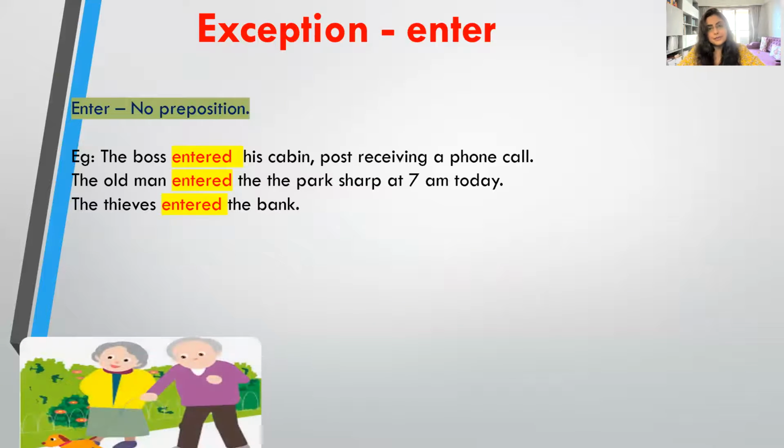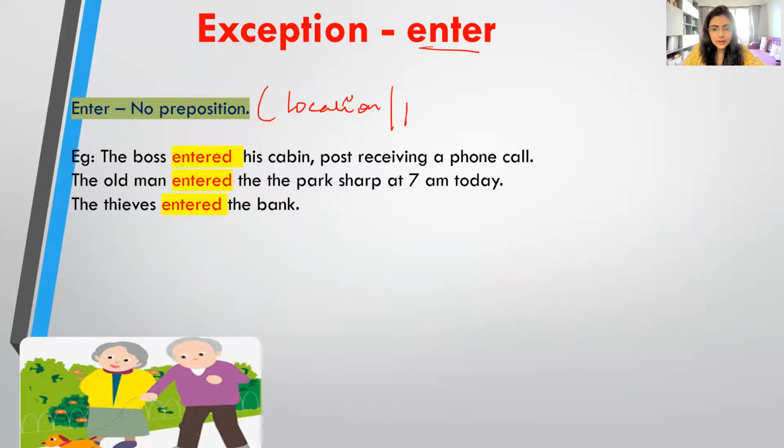Now there are certain exceptions, especially the word enter, which I have generally heard people use as enter into the classroom or enter in the classroom. Just for your information, enter will never take any preposition, especially when it is talking about a location or a place.